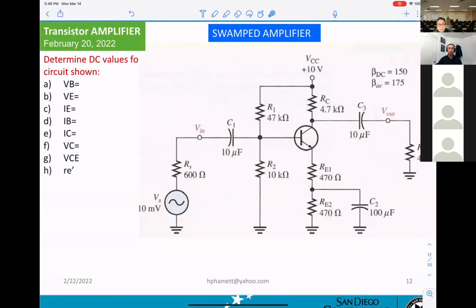So what I want you to do, quickly give me the DC calculation. You want to learn it, then you have to do it.